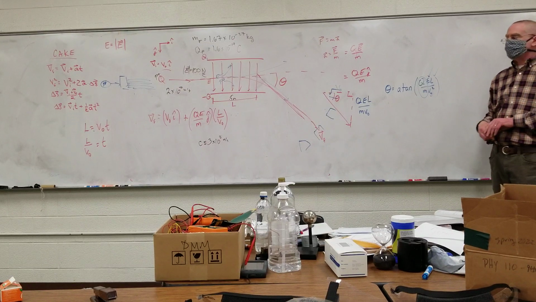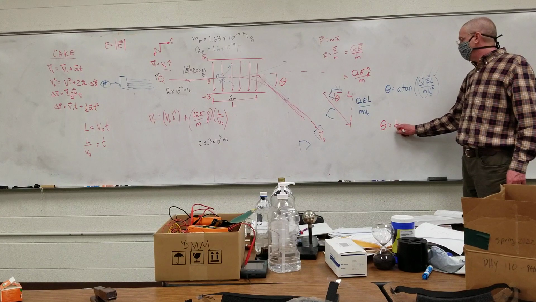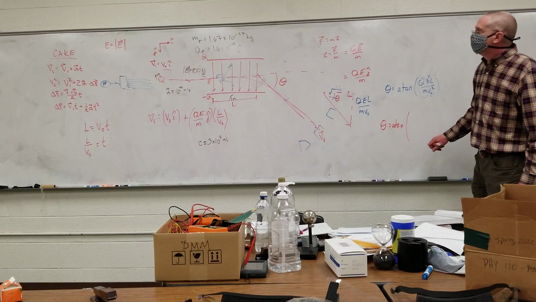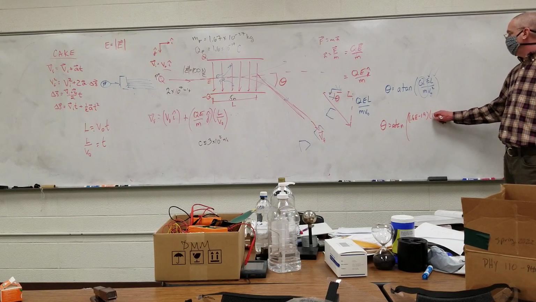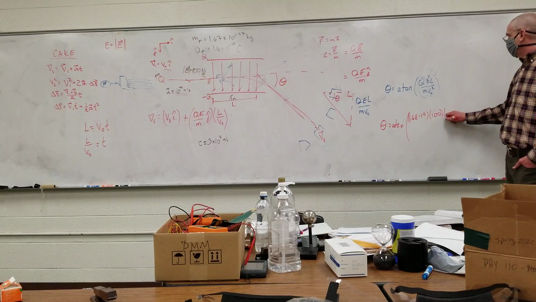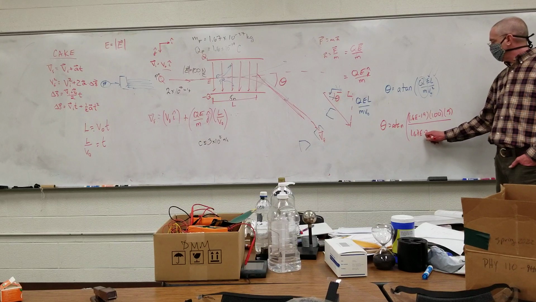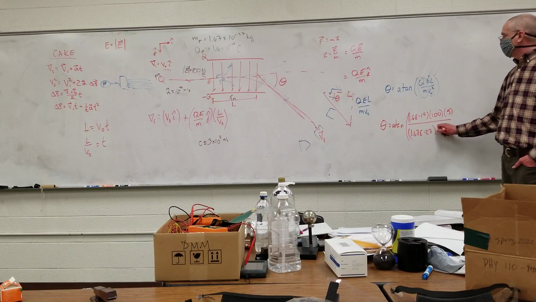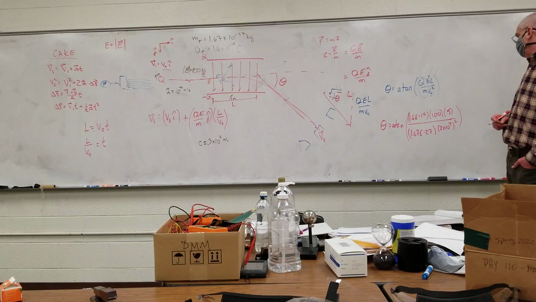Let's see how much we're deflecting those protons. So the angle will be the arctangent of 1.6 times 10 to the negative 19th times my electric field of 100 times 0.5, over my mass, which is 1.67 times 10 to the negative 27th, times my speed of 2 times 10 to the 7th squared, and this is looking like it's going to be a tiny number.